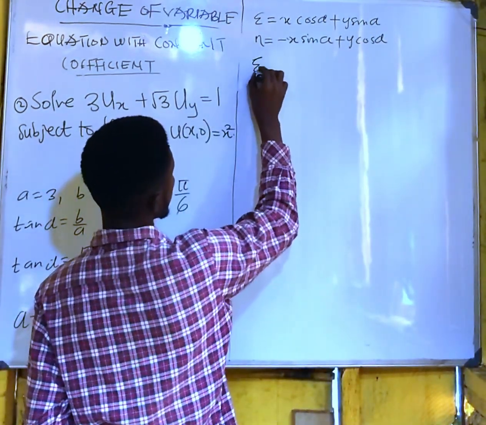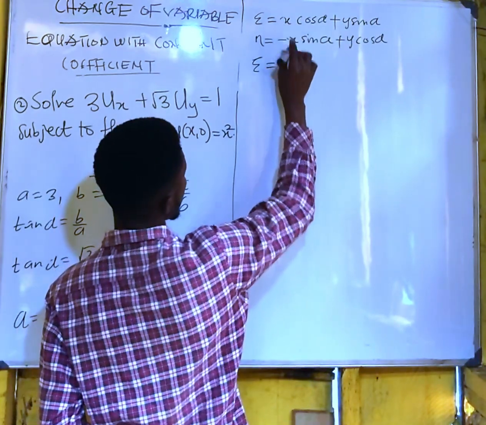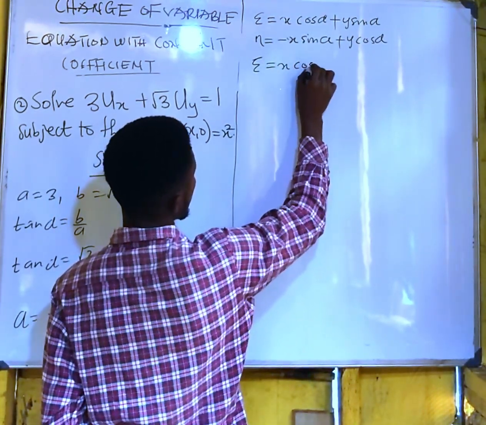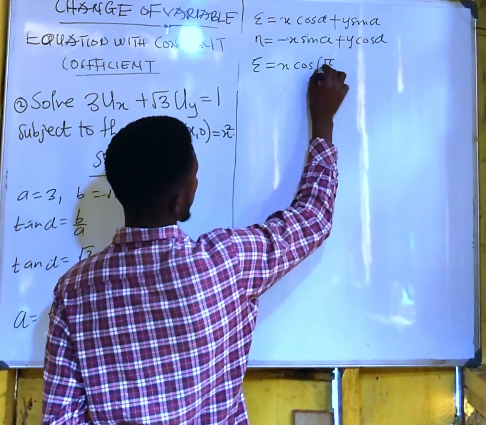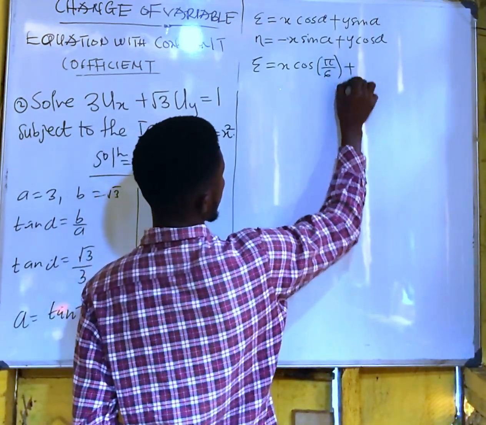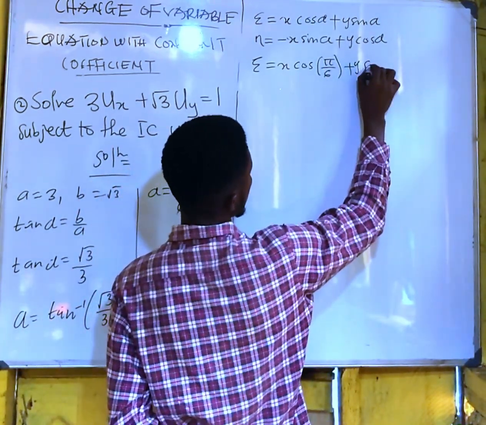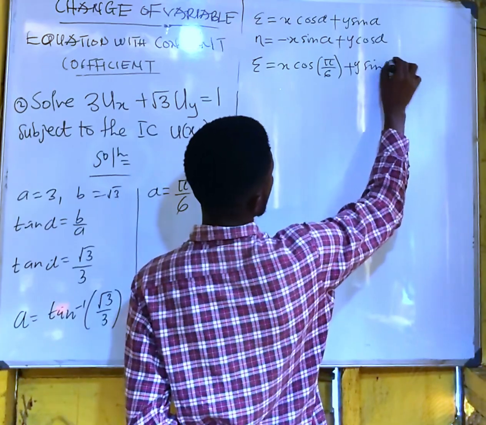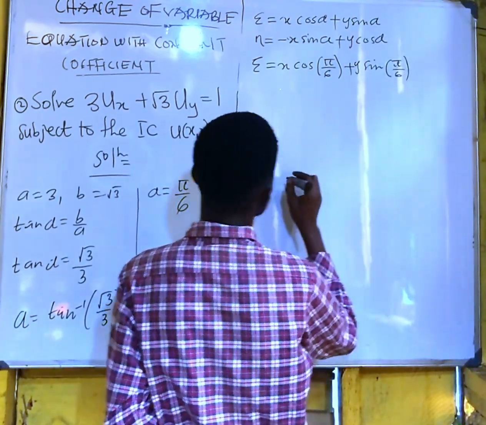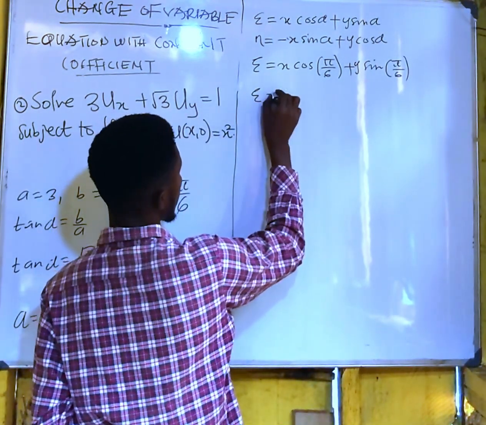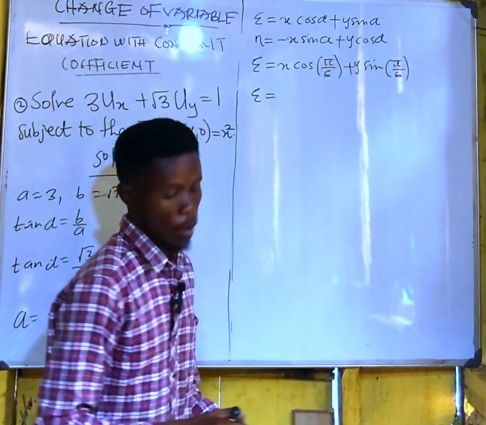So let's do the substitution. That equals x cos pi over 6 plus y sine pi over 6. So x times cos pi over 6.